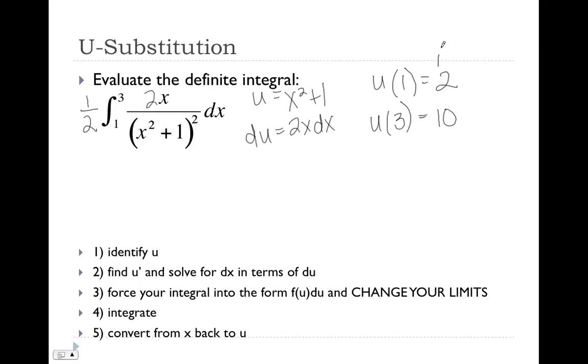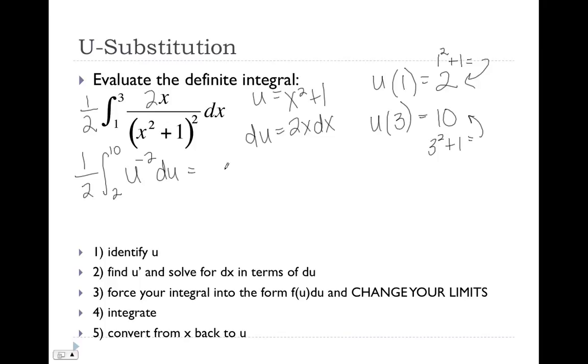By the way, I got this by plugging 1 in for x in my definition of u over here. 3 squared plus 1. Okay, so this integral becomes 1/2 times the integral from 2 to 10 of u to the -2 du.